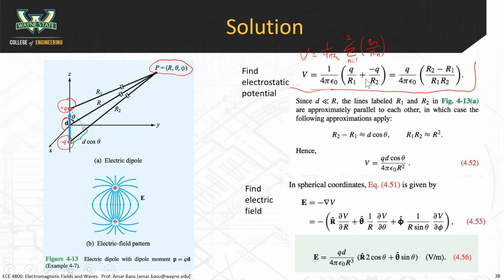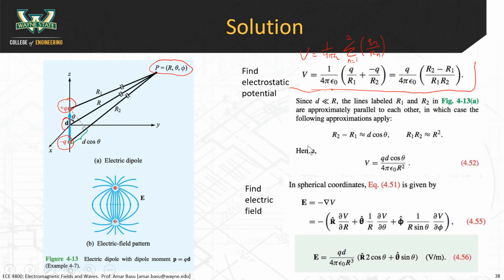Now, if you look at this more mathematically, you can actually find some simplifying assumptions. This is an equation for the electrostatic potential in terms of r2 and r1 and things like that, but it turns out you can simplify it if you're at a large distance away from the dipole.